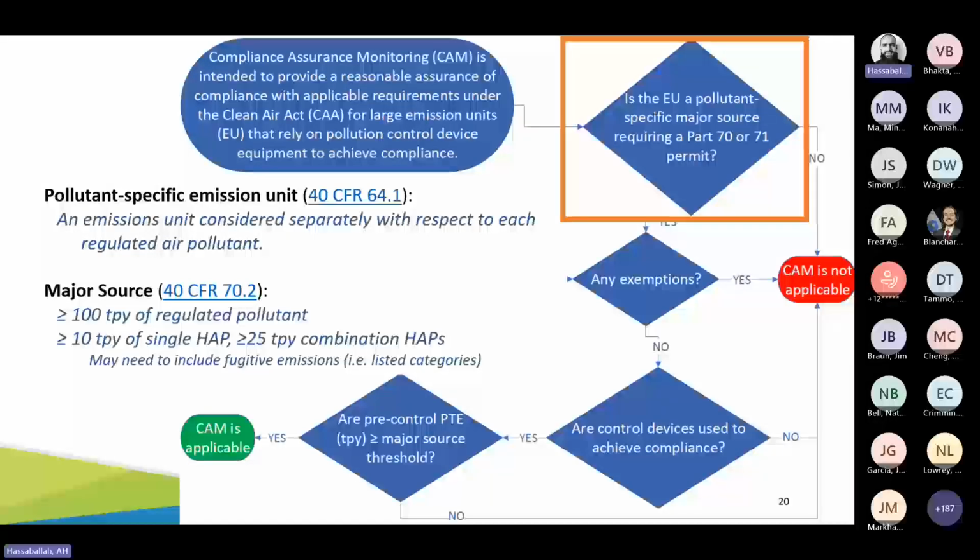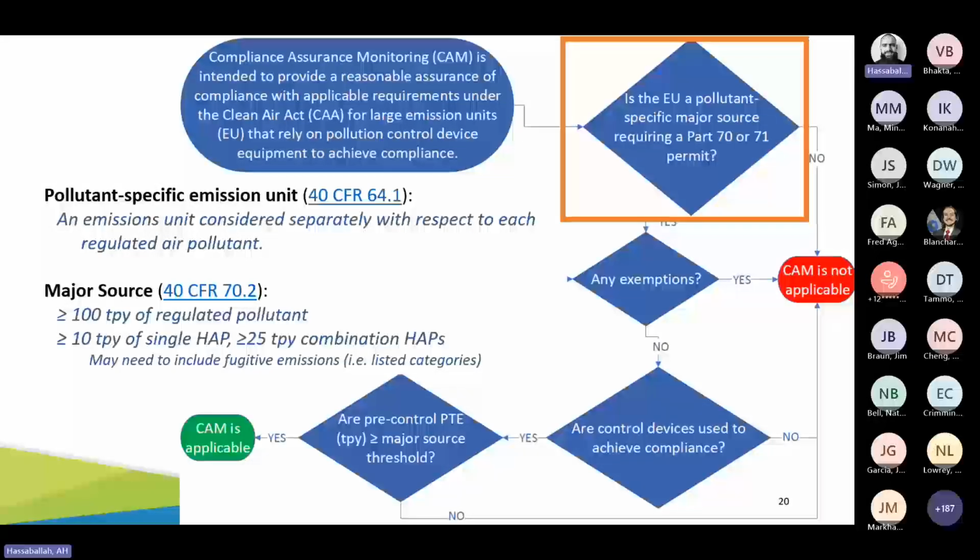The second part here is that it is a major source. What is a major source? This would have the same definition as in Part 70. Now remember, this is in the context of operating permits.